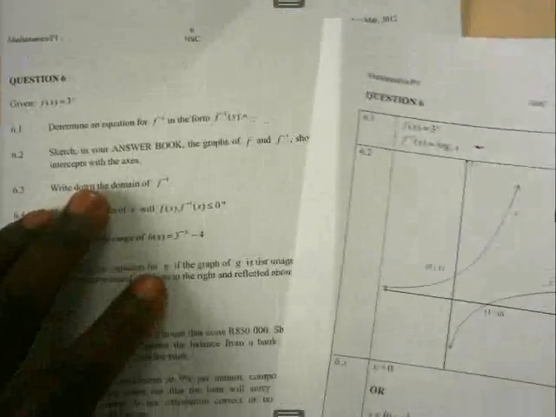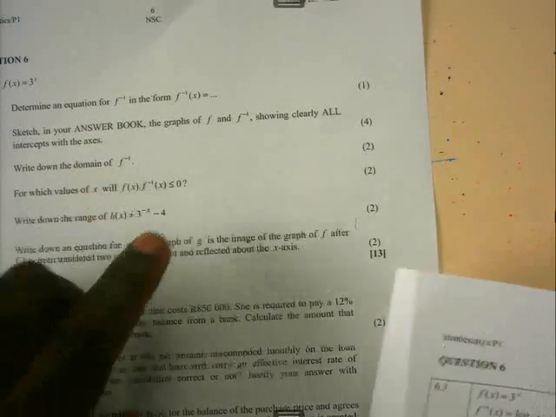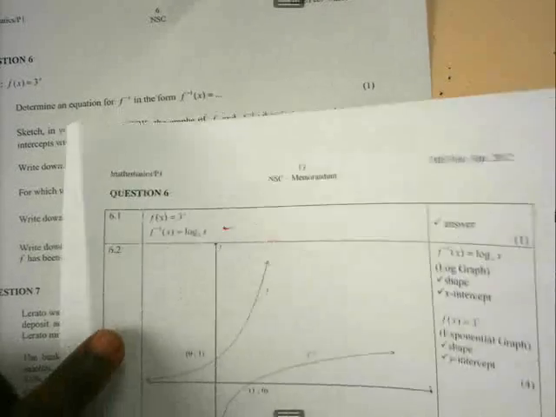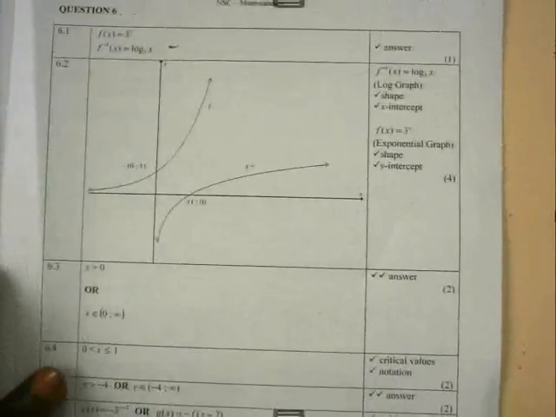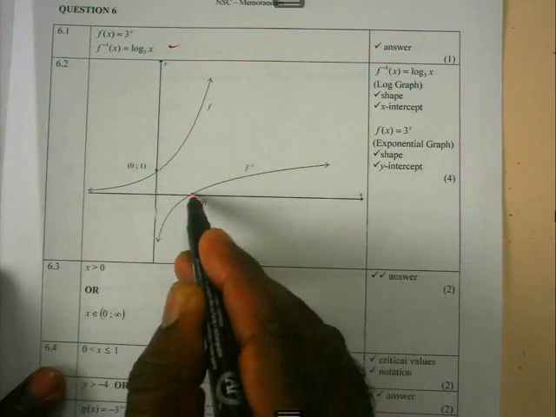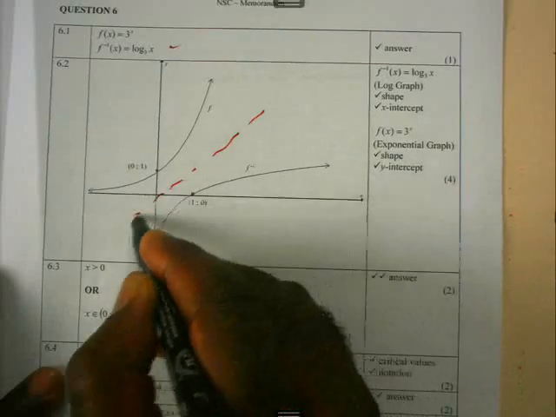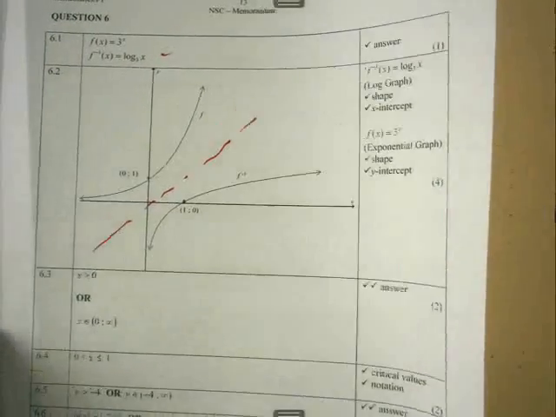Now, when they say sketch in your answer book the function and the inverse, it means you would have the function and the inverse, and this is what you will be expected to do. Please remember that this point must be the mirror of that through the line y equals x. Log graph, exponential graph.